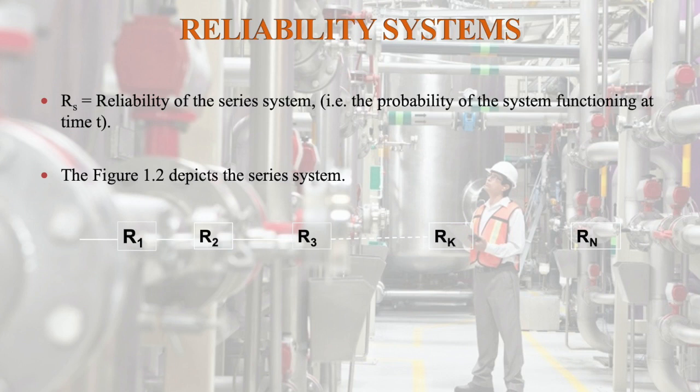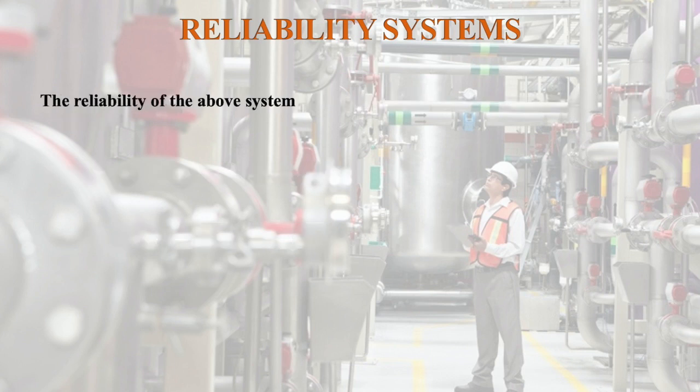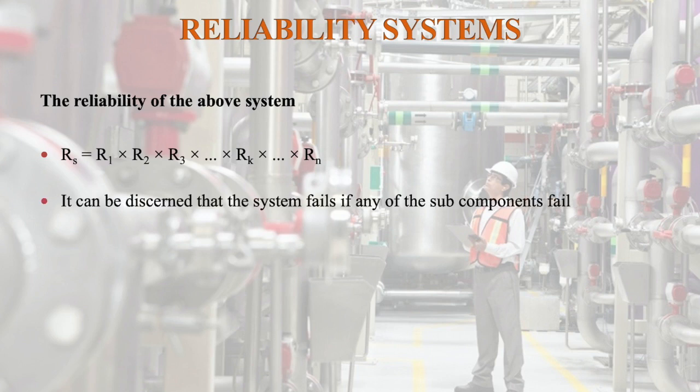So this is the series system. The reliability of the above system is Rs, that is equal to R1 into R2 into R3 up to Rk and up to Rn. So it can be discerned that the system fails if any of the subcomponents fail, that is, Rs is equal to 0 if any of the components fails, that is, if R1 or R2 or R3 or Rk or Rn is equal to 0, then the total system reliability will be 0.